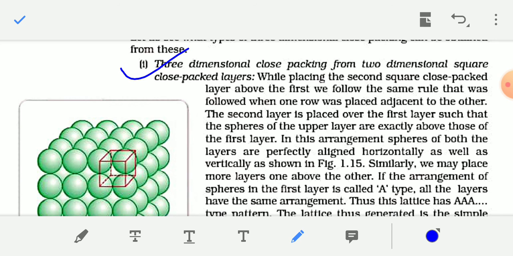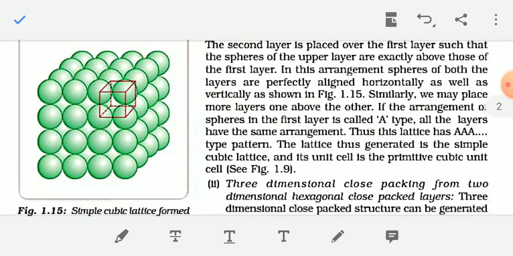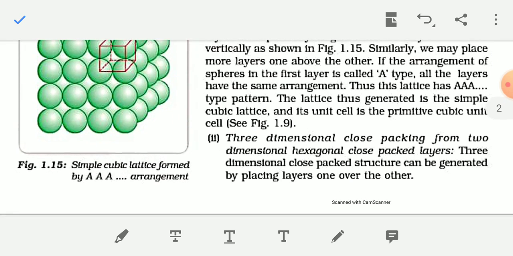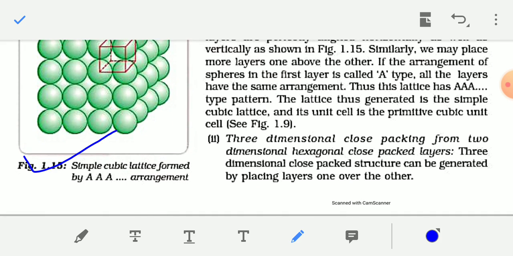So first see three-dimensional close packing from a two-dimensional square close packed layer. This is like a simple cubic arrangement. This arrangement is obtained from the two-dimensional square close packing. This type of arrangement is known as simple cubic lattice, and this arrangement is also A type arrangement.